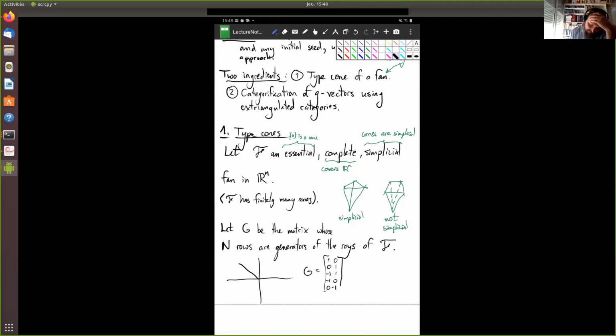These are generators of the 5 rays of this fan. I'm using the letter G, of course, because in the case of cluster algebras, the rows are the G-vectors of the cluster variables.